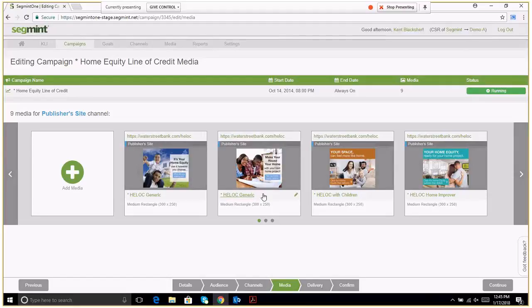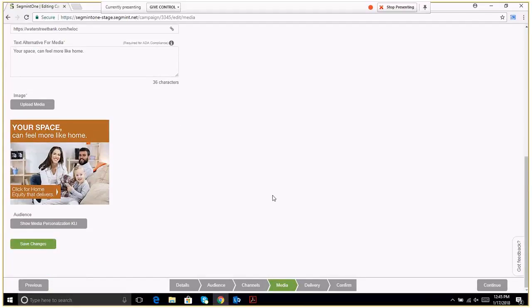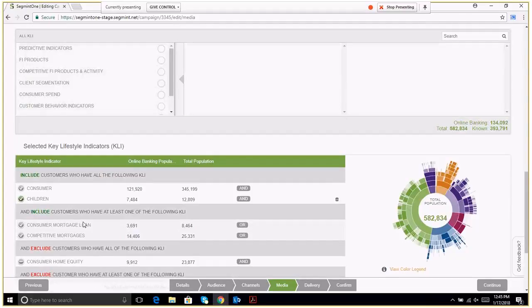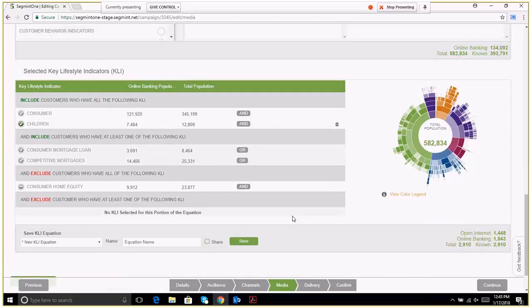So if I click on this presence of children one, I can get into micro-targeting or media personalization. It will bring me back to the same base KLI we had previously selected, and you'll note they are now grayed out. I see the consumer previously that was listed, the mortgage loan, competitive mortgages, etc. But now there's a new KLI added to this particular version of the message, the presence of children KLI.